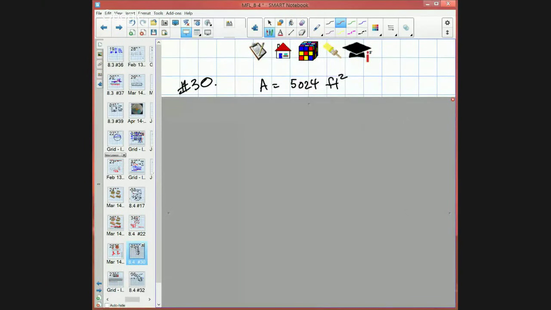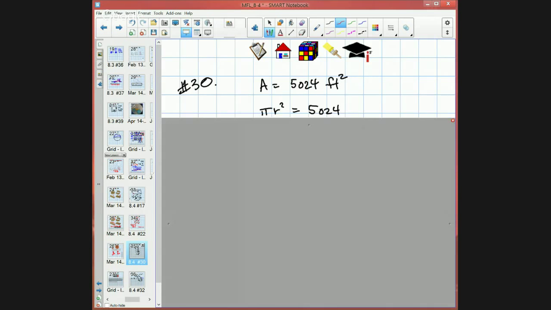So they tell us the area of a pizza is 5,024 square feet. What is its diameter? Okay, so by the way, they didn't say it, but they're assuming this is a circular pizza. And so the area has to come from the area formula for a circle.